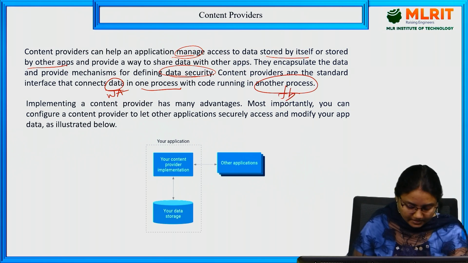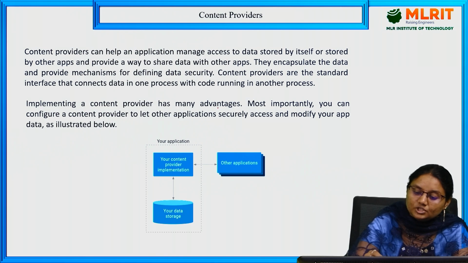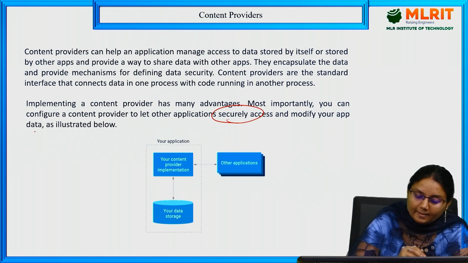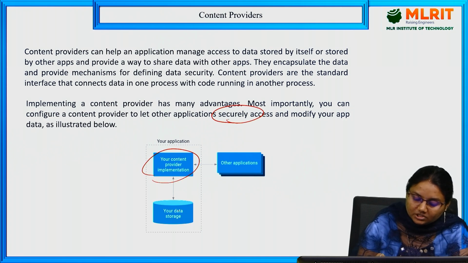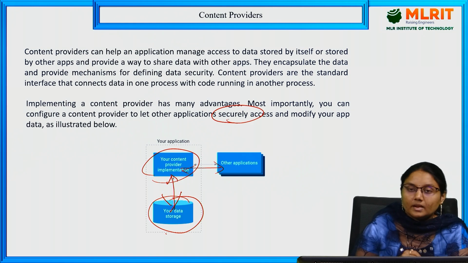So implementing a content provider has many uses. What are they? You can configure a content provider to let other applications securely access and modify your app's data. This is a content provider implementation: you have stored your data somewhere, it can access the data and share it with other applications.